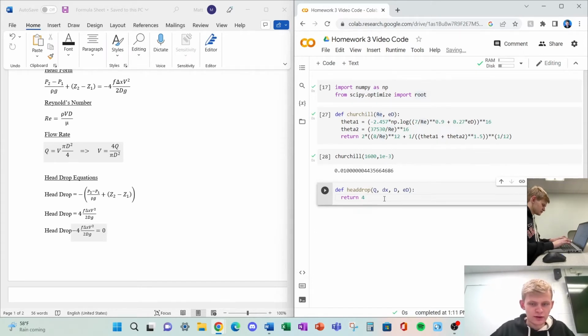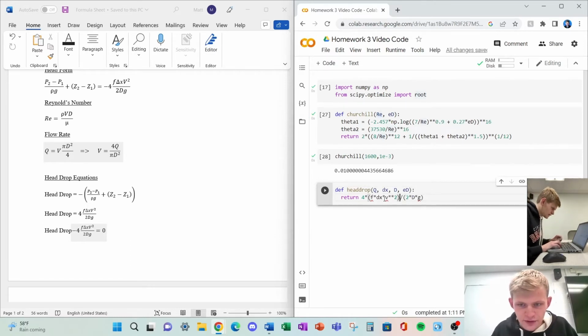So it's going to be 4 times the friction factor multiplied by our distance of the pipe multiplied by our velocity squared divided by 2 times our diameter times our gravity.